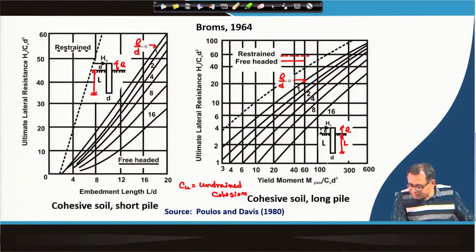So, 155 will be somewhere here, and this is free head, e by d equal to 1, so it will be here. It will be around 45. Sorry, 155, which on the log scale, this is 2, 3, 4, 5, somewhere here.